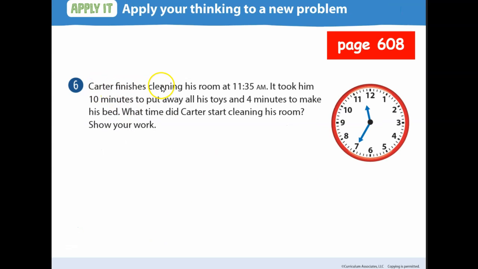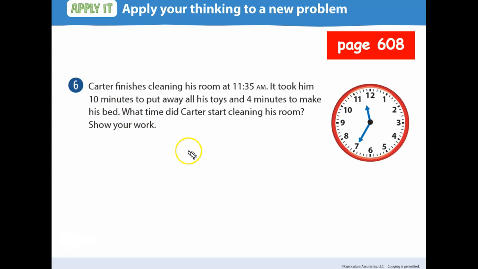Okay. Carter finishes cleaning his room at 11:35 a.m. It took him 10 minutes to put away all his toys and 4 minutes to make his bed. What time did Carter start cleaning? All right. I start right here. Look at my clock. Just like they did before on the previous page, they used the clock to count backwards, right?